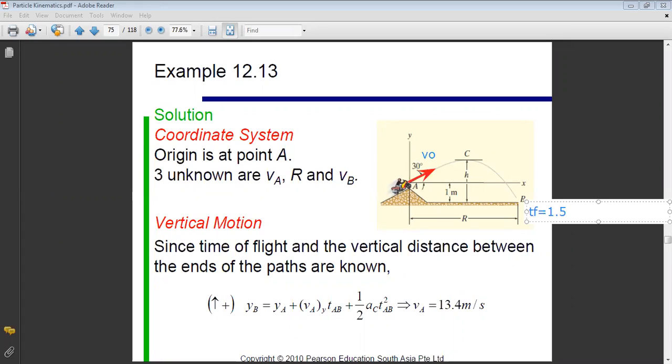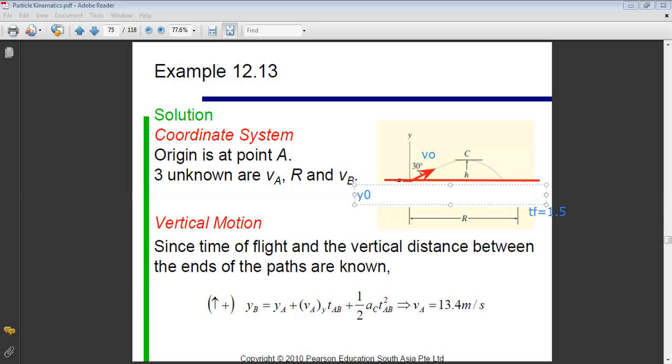So here, I know T final, and I know the initial and final elevation. Y initial, Y0, is equal to 0, because I start from A, and Y final is known because look at Y of B, Y final is equal to -1.